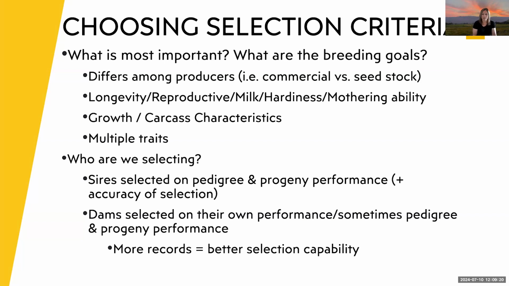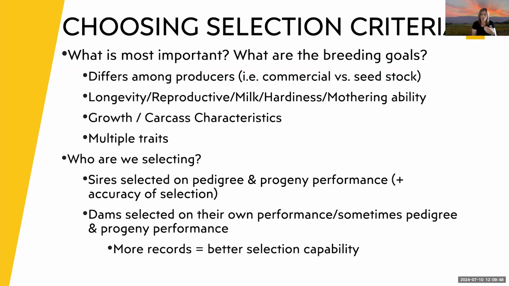But the more offspring that those sires have, the more accurate the information that we have is going to be. So the dams, on the other hand, same kind of situation. If we have some understanding of her mother, her grandmother, her sire, all of those things, that's her pedigree. But also, when we get to be 4 or 5 years old, with our ewes and does, we can start to understand how their progeny has performed as well.